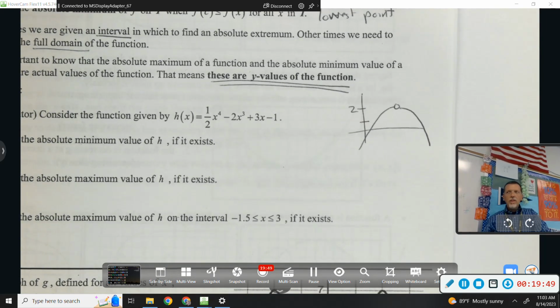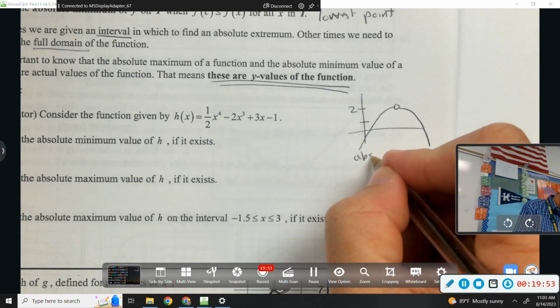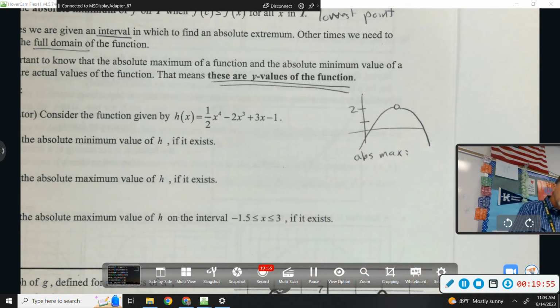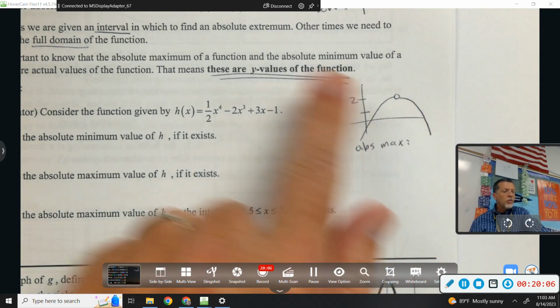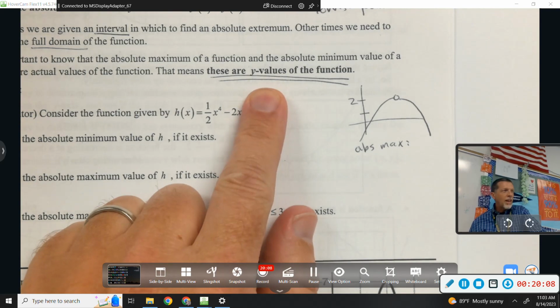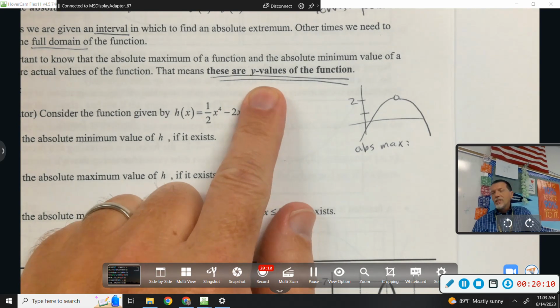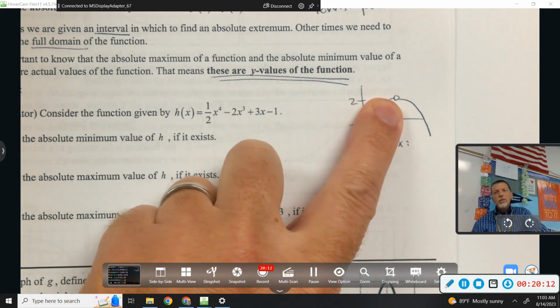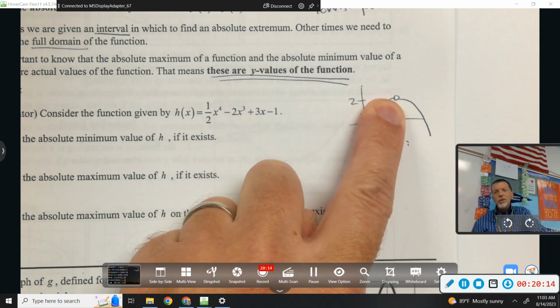So what's the absolute maximum of that function? It's kind of a trick question. There is none. Right? It's not 2 because 2 is a hole, and if it wants to be the absolute max of a function, it has to be on the function or part of the function. 2 doesn't count. 2 is a hole, so you can't use 2.